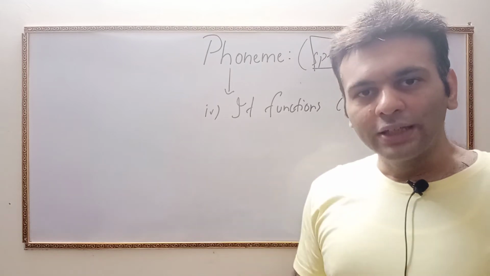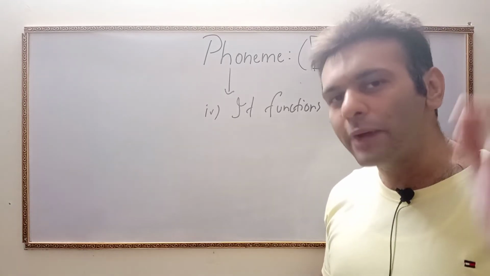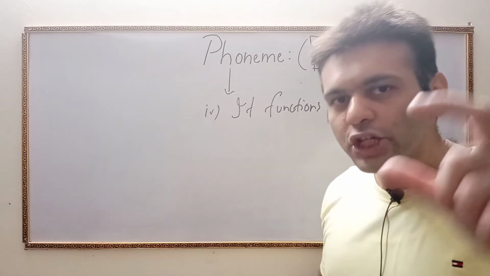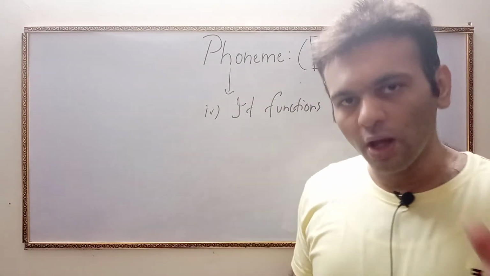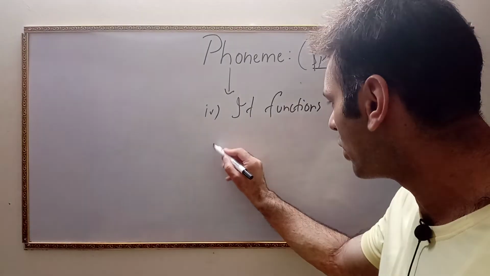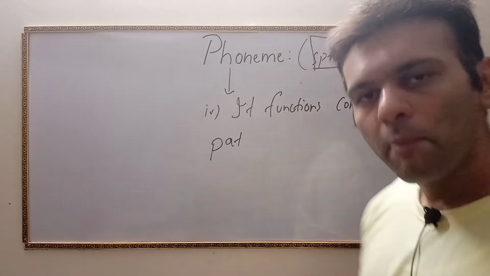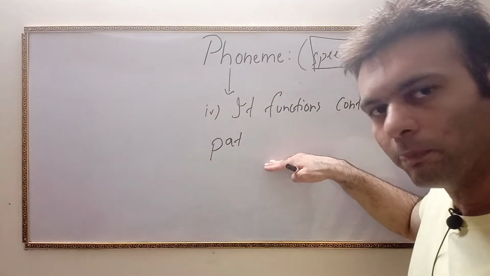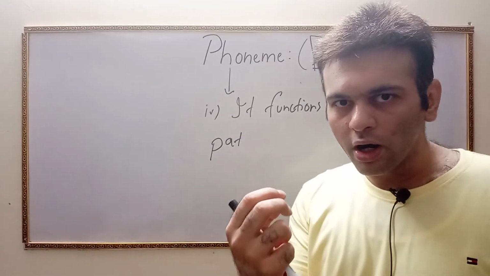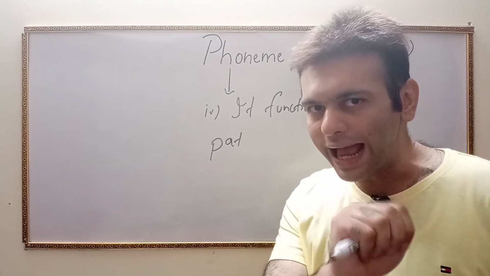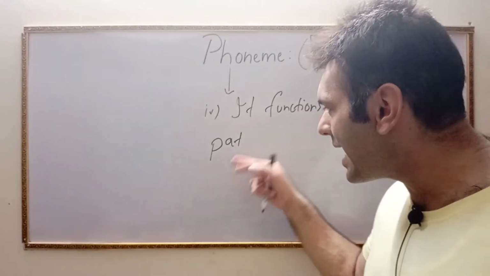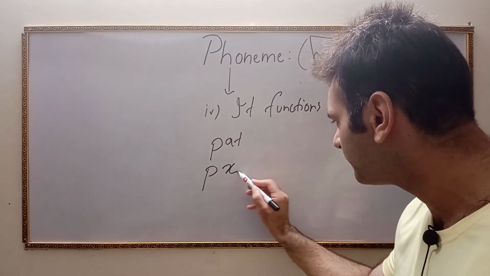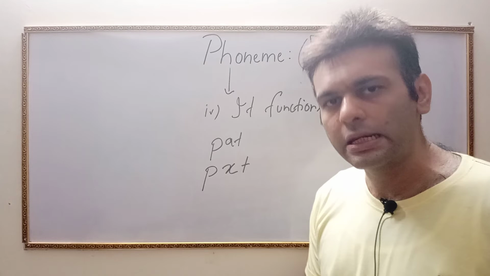It means that replacing one phoneme would end in the change of meaning of a word. Let's say we have the word pat. If you look at the form, we have a word which is the combination of three alphabets, P, A, T. We can transcribe it like this: P, sheep sound, and then T.